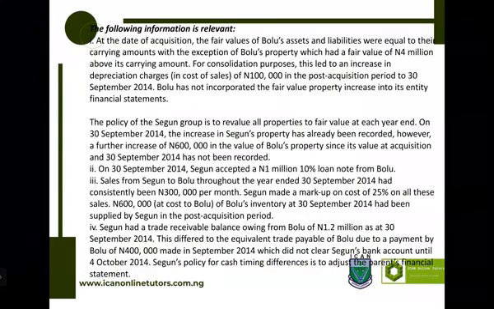At the date of acquisition, the fair value of Bolu's assets and liabilities were equal to their carrying amount, with exception to this and that. Okay, that is fine. For consideration purpose, this led to an increase in depreciation charge in cost of sales of 100,000 naira. Okay, that one is normal.